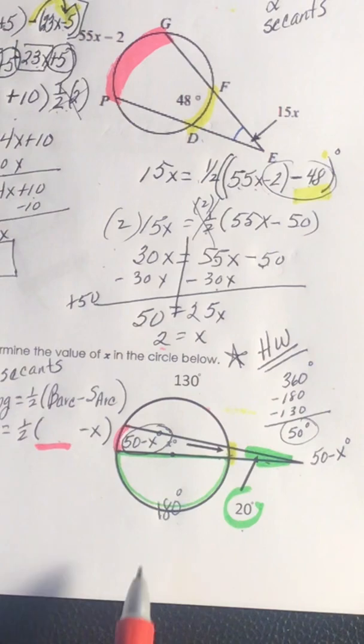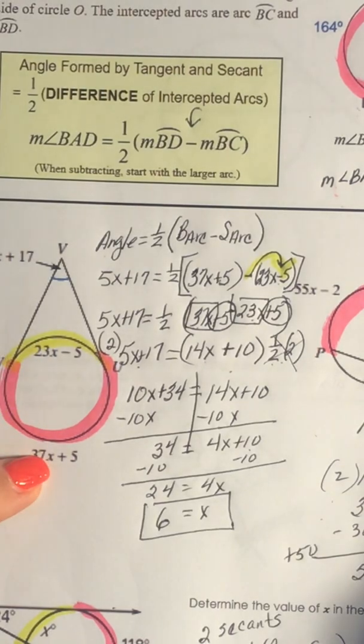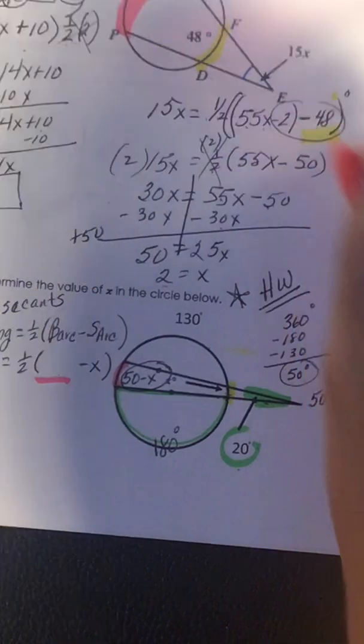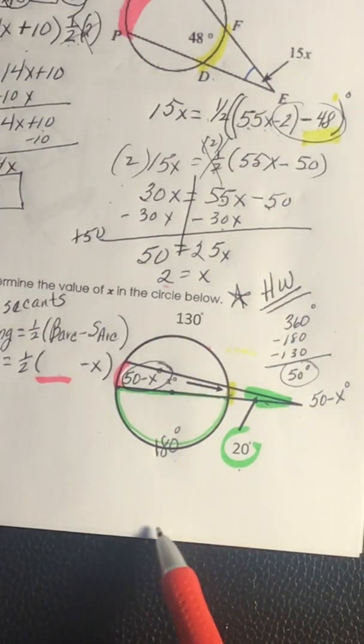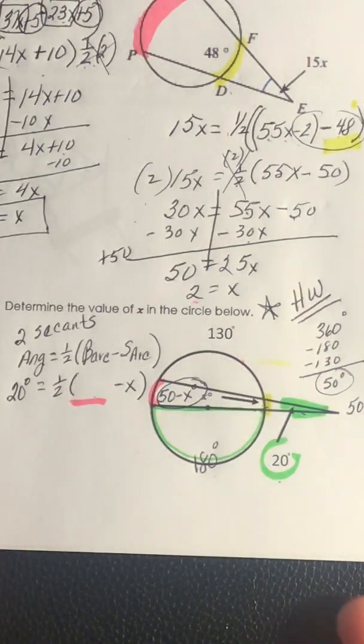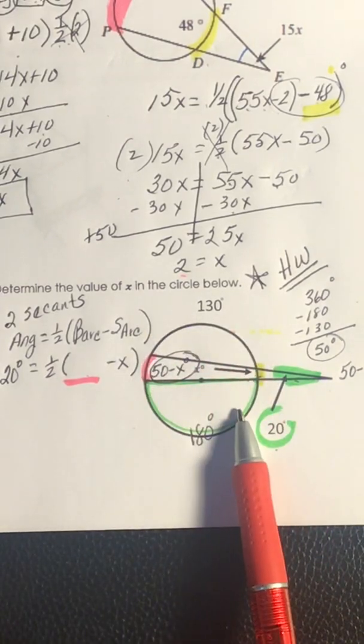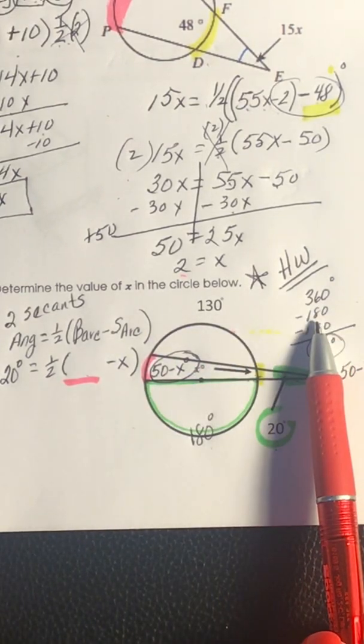Now, it's no different than these other problems that I showed you where we had x's inside the circle, outside the circle, the actual angle itself. So now we have this one that we're working on. Again, 360 all the way around, minus what we know, 180.